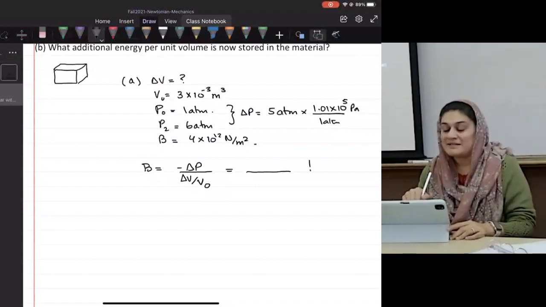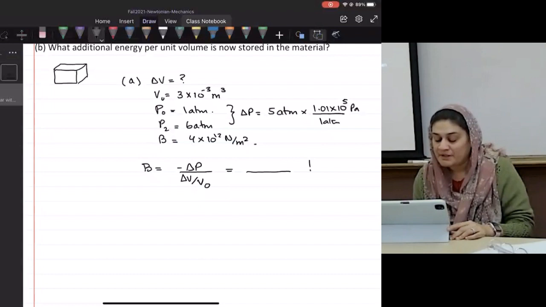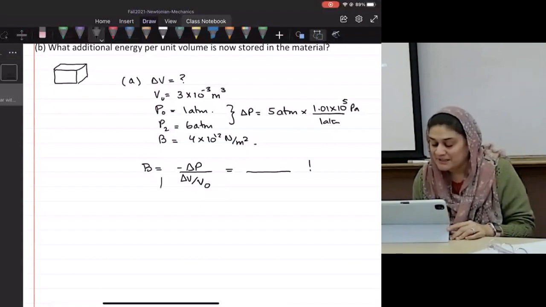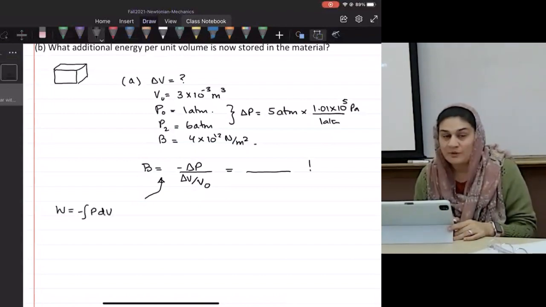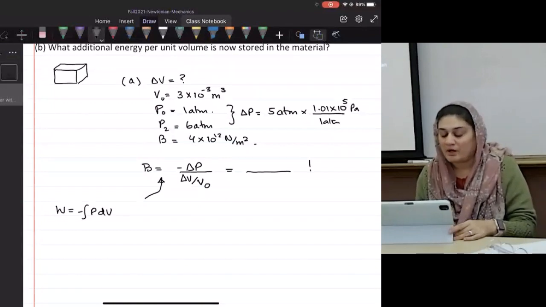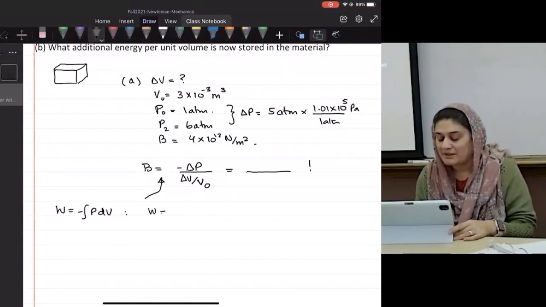Good. What is the energy per unit volume that is stored in the material? So the way you would do that is you will take this equation, write this as, we talked about this, right? PdV, work is PdV. We also know work equals energy.